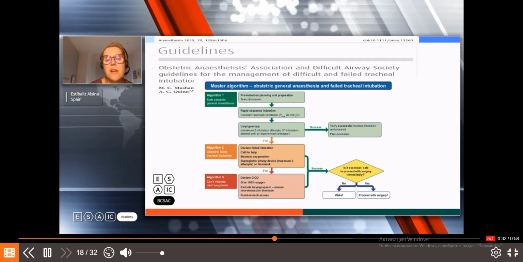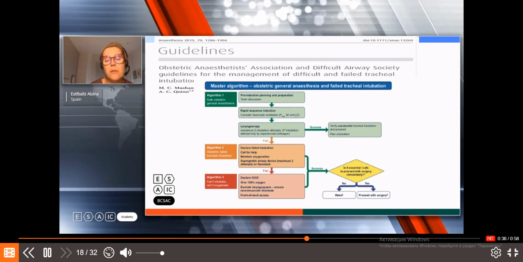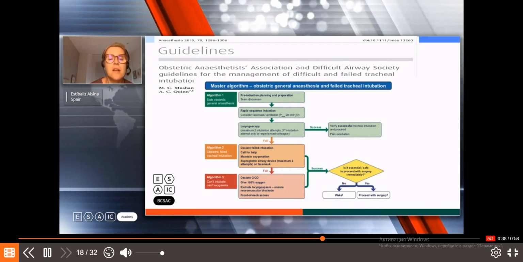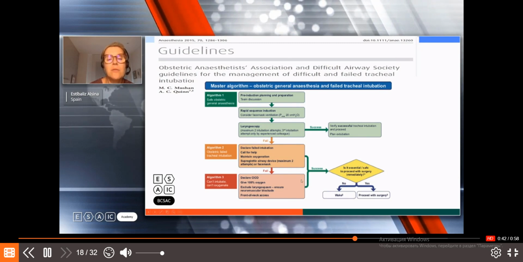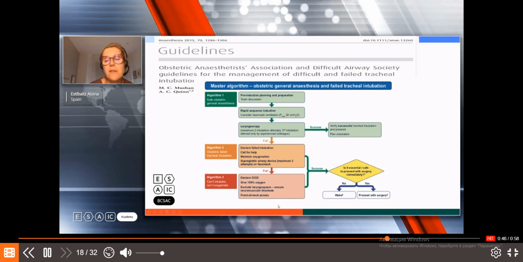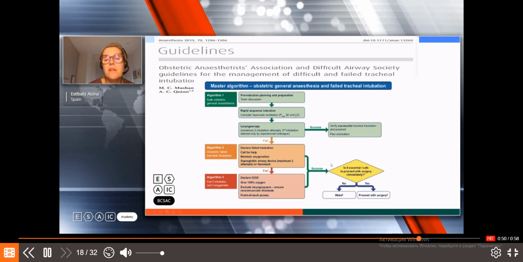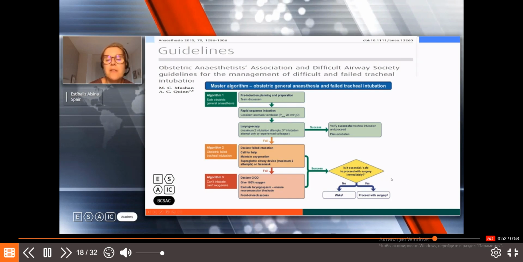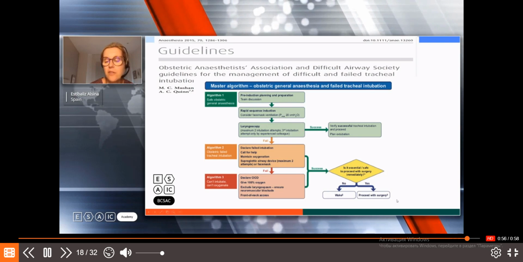That's why at this time it will be very good if we already used sodium citrate and antacid. If this fails to oxygenate the mother, we have to do a surgical access. And this part is whether to proceed with surgery immediately or not. In a cesarean, most of the time it's not a choice.